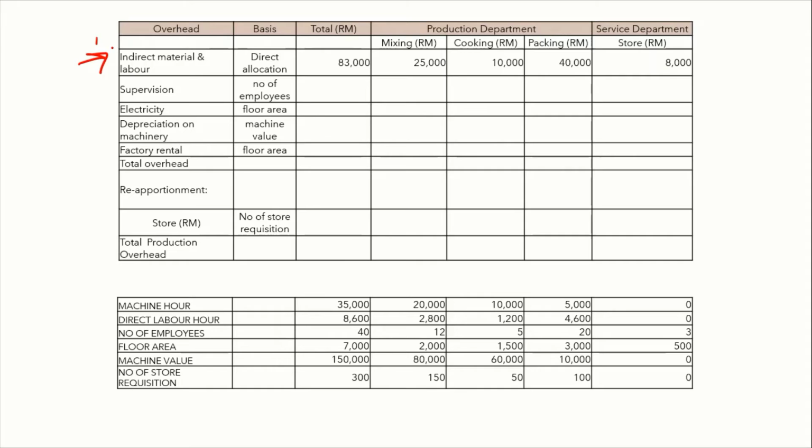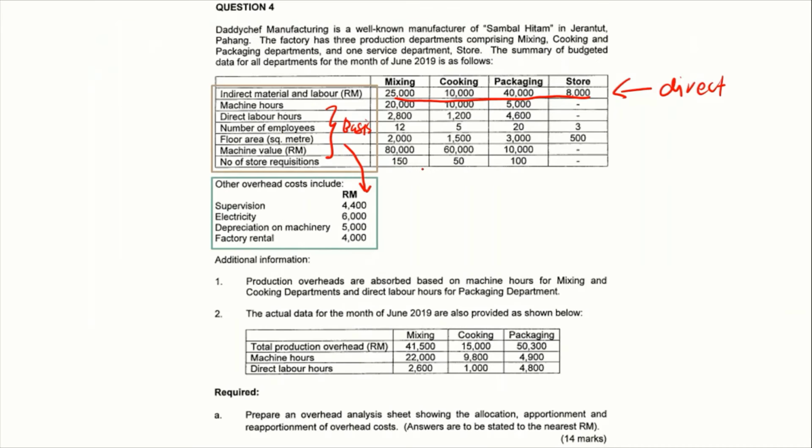For direct, you already have your overhead cost. For the one that is not directly allocated, they depend on a basis for you to calculate. So now we'll calculate the other overhead cost. For the total, actually you can fill in this column already because it's given in the question.